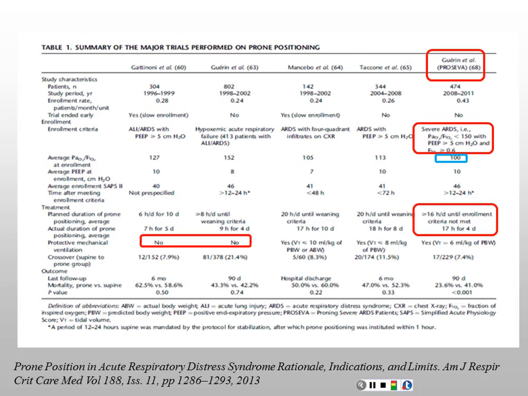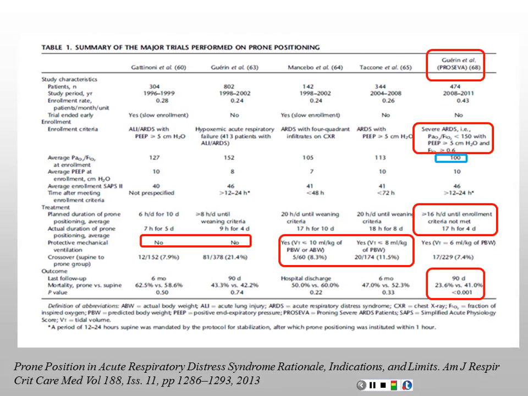Number two, they did it for appropriate time, like more than 16 hours per day. Number three, if you look at some other trials, they did not use protective mechanical ventilation in these two trials, and even here when they said yes, we used protective mechanical ventilation, the tidal volume was 10 mL per kg, 8 mL per kg, but in this trial, we used 6 mL per kg.